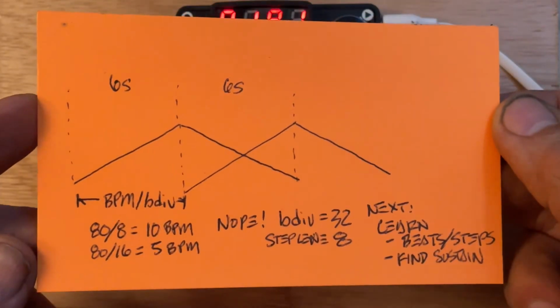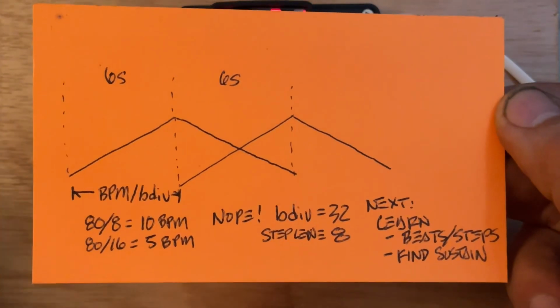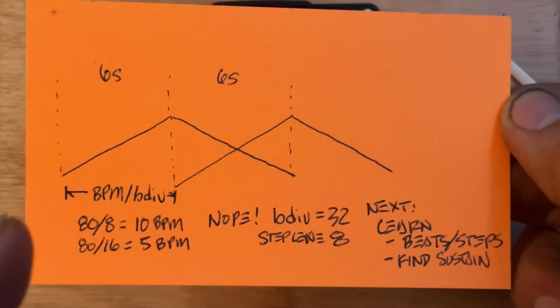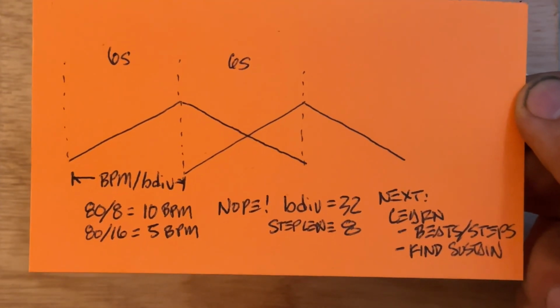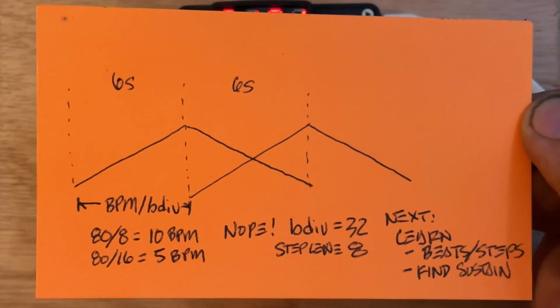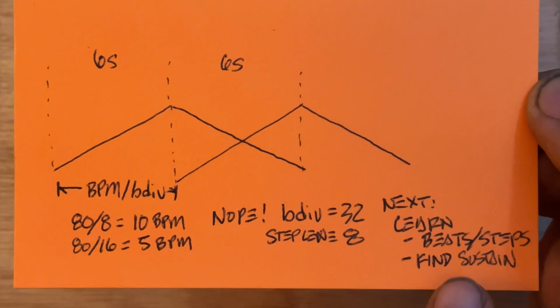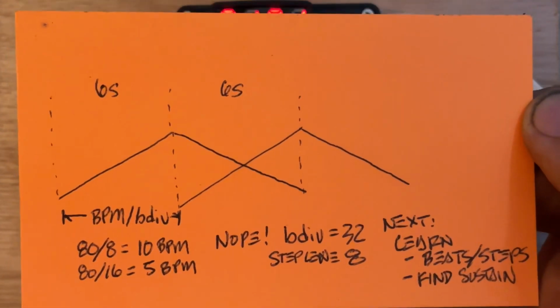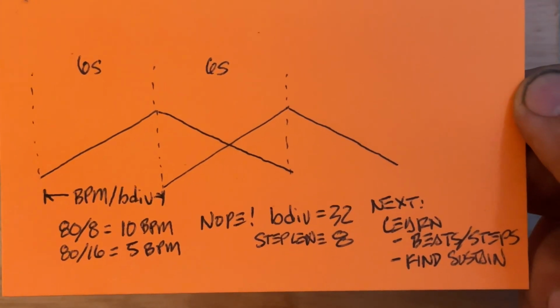So here's what I started working out. I wanted track 1 to fade up for 6 seconds, fade down for 6 seconds while track 2 was fading up. And so here's some of my attempts at calculations. And you see at the end, I got a note to myself: learn how many beats are in a step, how many steps are in a beat, and figure out how sustain works.